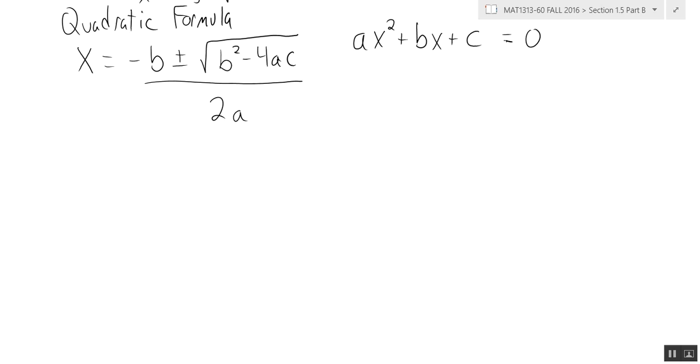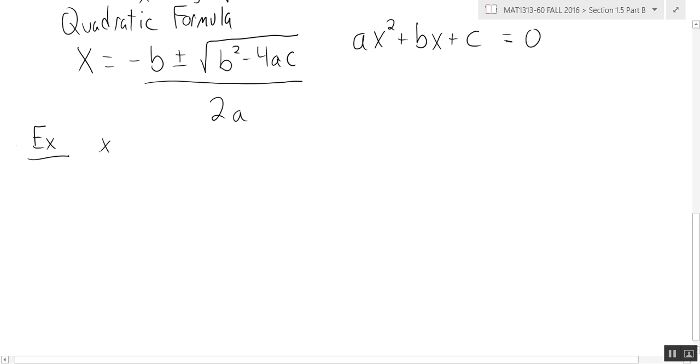Now, before you can solve a quadratic equation using the quadratic formula, we do have to have it set equal to 0, just like we did when we were factoring. So that's very important. Alright, so let's solve this quadratic equation using the quadratic formula.